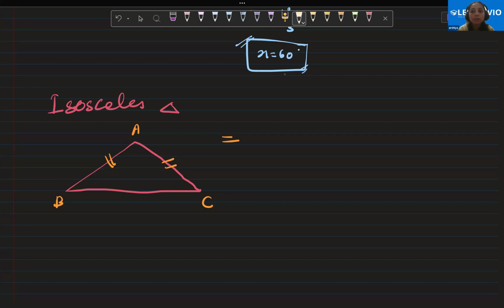So the two angles opposite the equal sides will be equal. This side AB is equal to AC. That means angle B and C are equal. So I can write that AB is equal to AC, therefore angle B is equal to angle C.